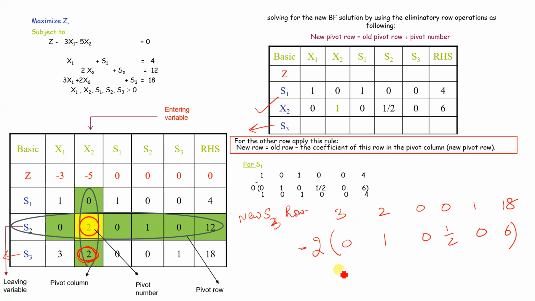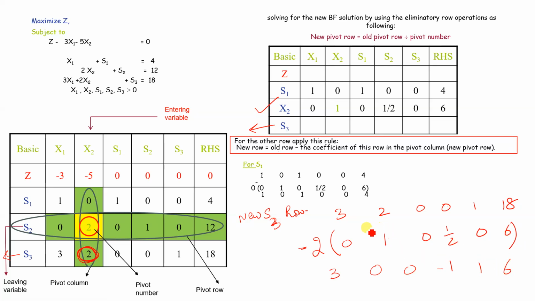Okay. So that will be 3 minus 0 is 3. And 2 minus 2 is 0. 0 minus 0 is 0. 0 minus 2 over 2, that is 1. 0 minus 1 is negative 1. And 1 minus 0 is again 1. And 18 minus 12 is 6.